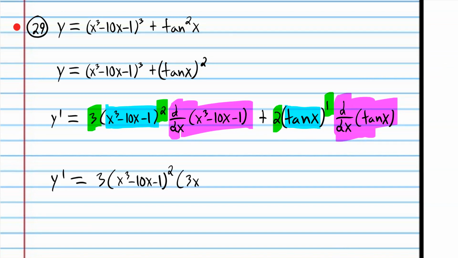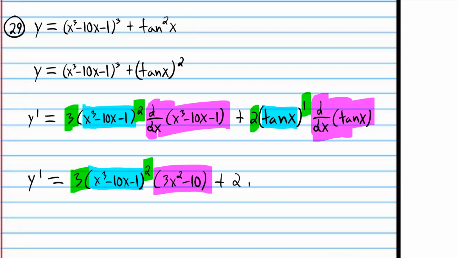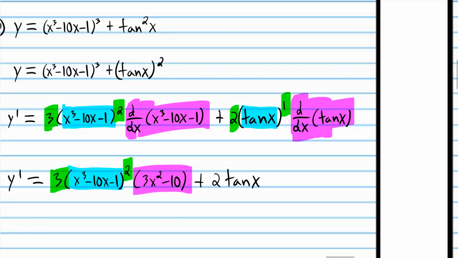That's going to be 3x squared minus 10 and the derivative of tangent x is secant squared x.